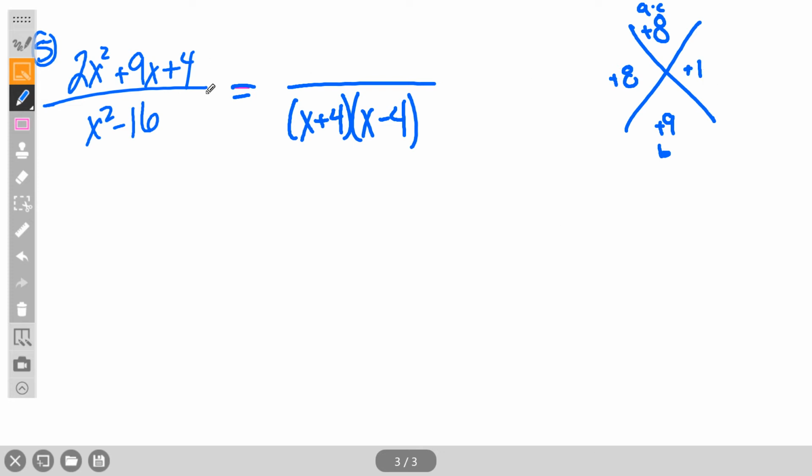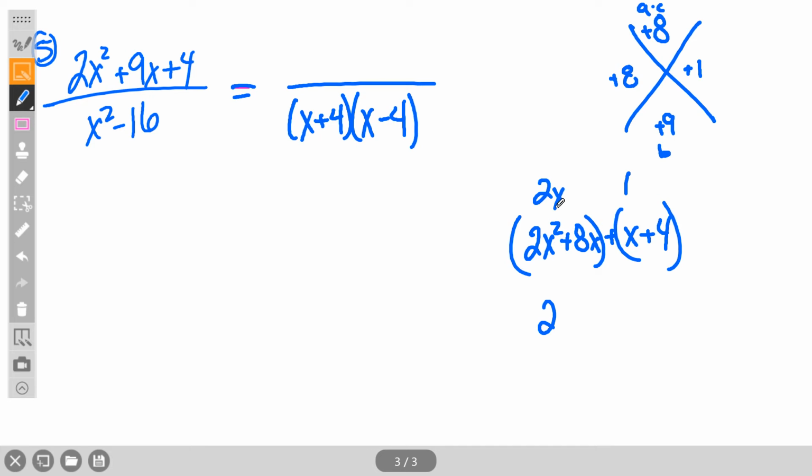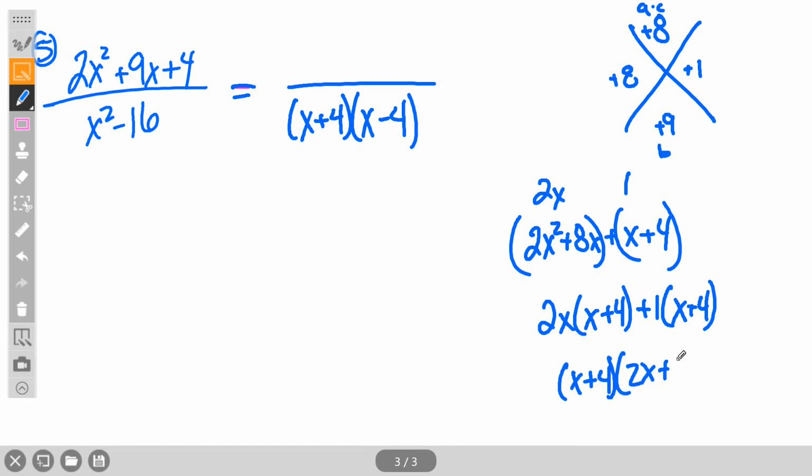So 2x squared plus 9x plus 4 can be written using 4 terms, 2x squared plus 8x plus x plus 4, and then we can factor this by grouping, factor out a 2x and a 1, so 2x, x plus 4, plus 1, x plus 4. So these both have x plus 4 as a factor, so we can factor out x plus 4, 2x plus 1. Okay, so that's what this factors into, x plus 4, 2x plus 1.